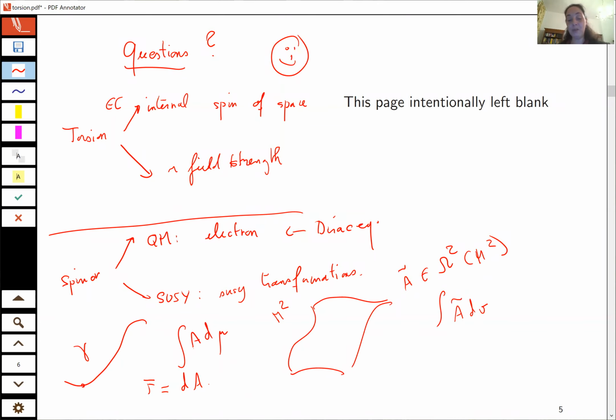So if A is a one form, F is a two form, whereas if I now take the derivative of dA here, this is going to be a three form. But a three form is not a curvature. So that's in a nutshell, why torsion all of a sudden starts to play a role which was taken by curvature before. Right?